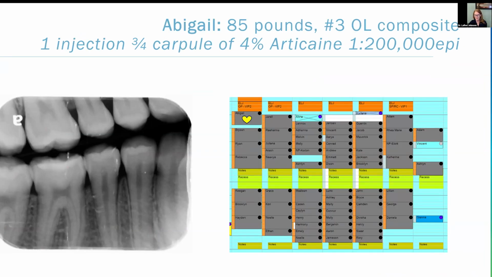So here we go. This is Abigail. She weighs 85 pounds. She needs an OL and 2-3. So we gave 1 injection, 3/4 of a carpule, 4% articaine, 1 to 200,000 epi. So here's this 3. And when you look at this bone, I really want you to appreciate. Abigail is easy. She's a chip shot. Why is she so easy? Look at the crest of this bone.